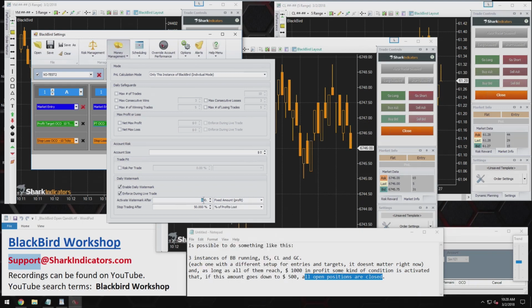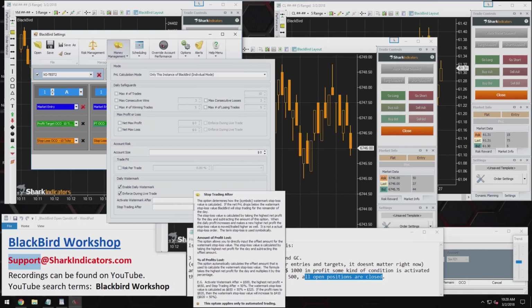So as long as the daily net profit, now keep in mind that the watermark runs on your net profit, your daily net profit, right? So once your daily net profit gets to $800 or more, then the watermark functionality turns on, right? So, and let's see here. Stop trading after.